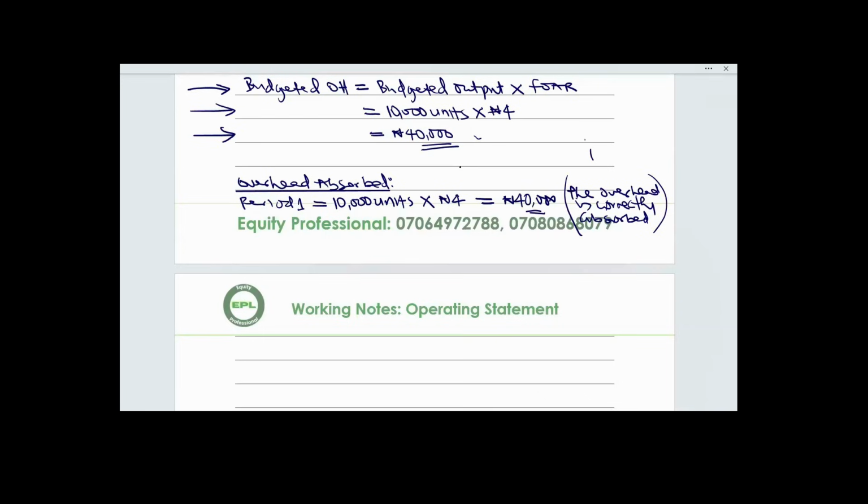Then let's move to period 2. In period 2, how many units were produced? 8,000 units were produced, multiplied by the fixed overhead absorption rate of 4 naira. So this will give us 32,000 naira.